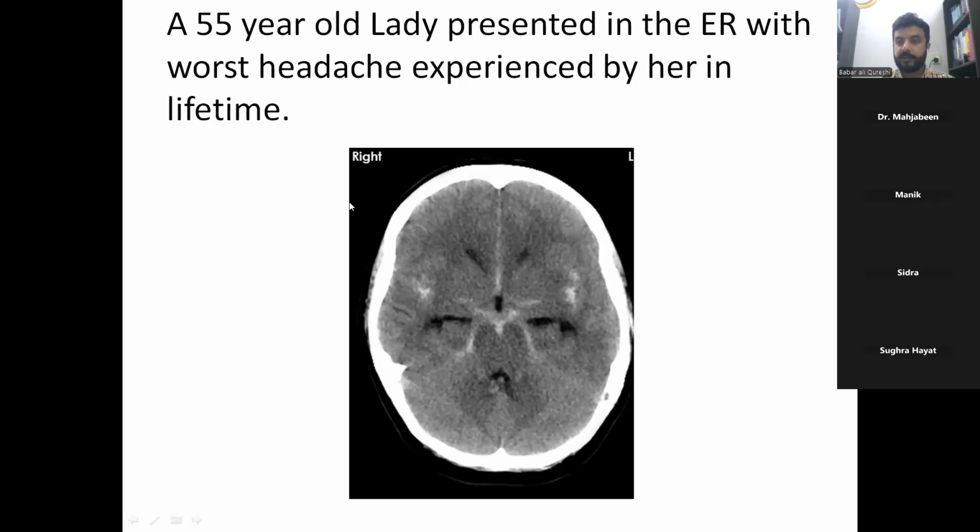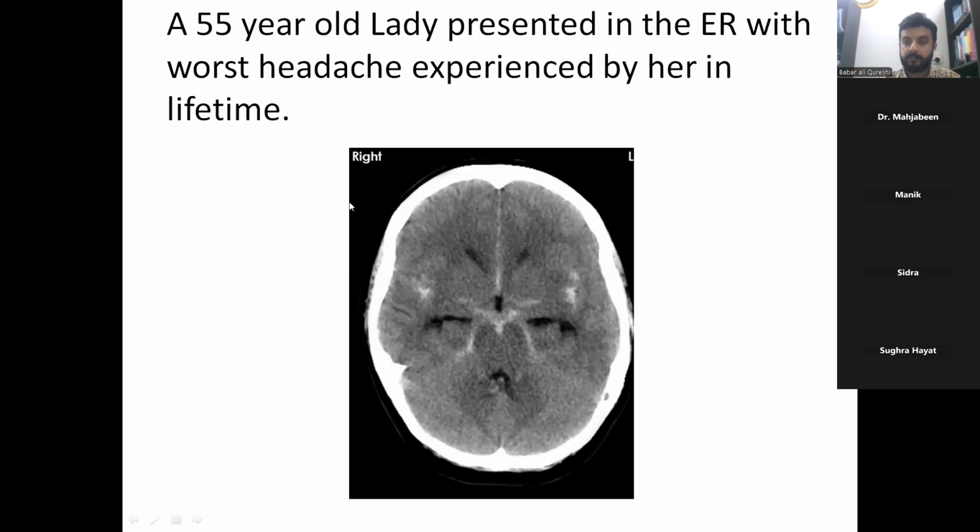What is WFNS grading? It's basically the grading system based on GCS as well as some neurological deficits, sir. It has also, I think, 4 or 5 categories. Can you name them? What is the difference between 1 and 5? If GCS is 13 to 15 without neurological deficit, that's a grade 1.